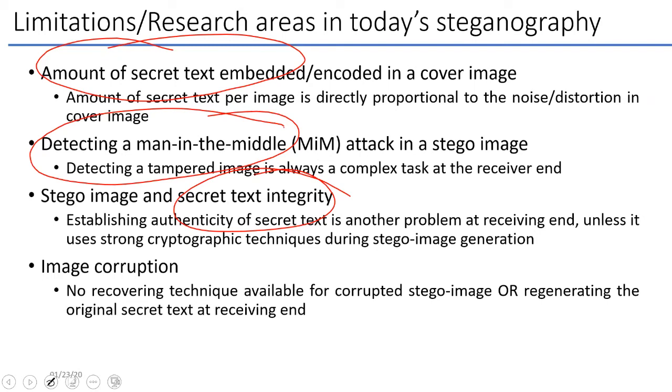And let's say I'm sending a message and while in transit it gets corrupted, and there's no way to recover the secret text. That is called stego image corruption.